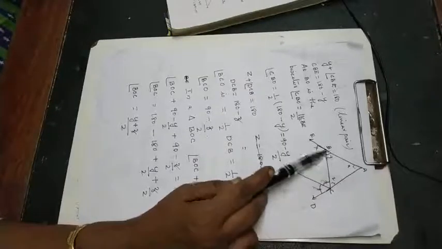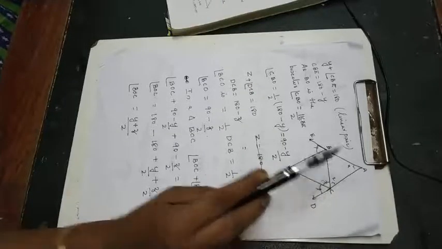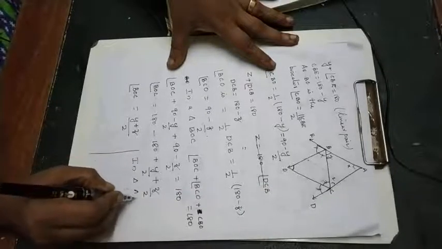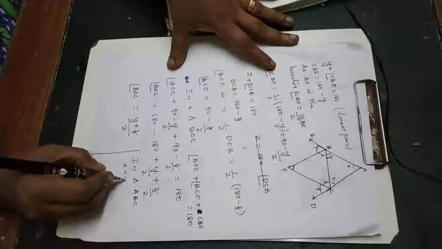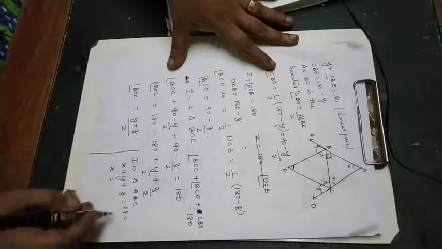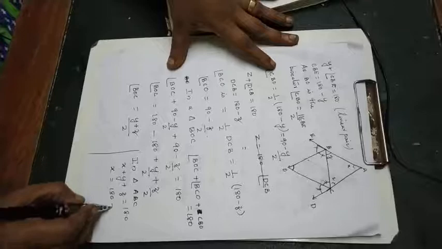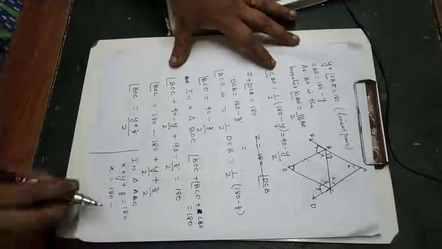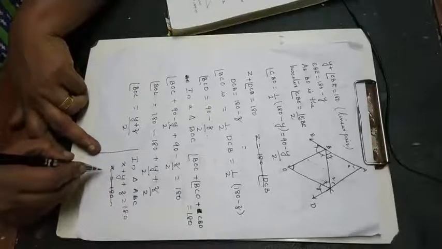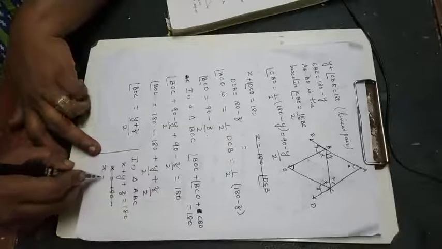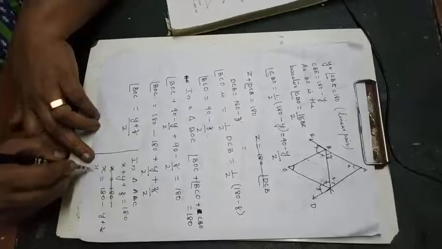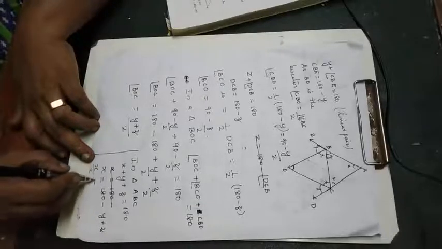In triangle ABC, x plus y plus z will be equal to 180, or x is equal to 180 minus y plus z.